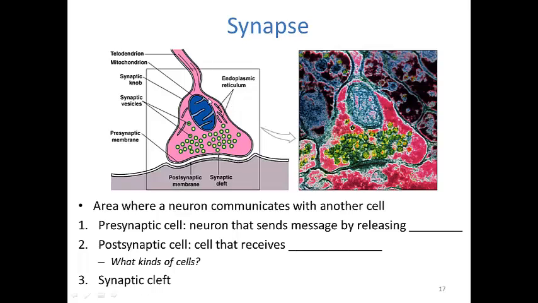So in the picture here, this pink knobby-like structure is representing our presynaptic cell. Over here in bluish gray, we have our postsynaptic cell, and notice the space between the two, that's the synaptic cleft. Most neurons do not directly touch the cell they're communicating with. There's usually a space there, that synaptic cleft. We'll talk more about that later in the semester.